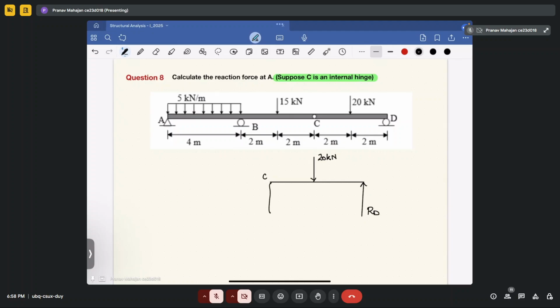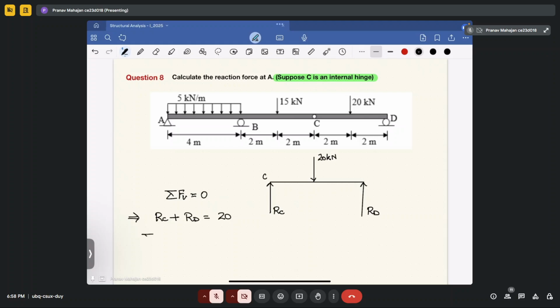and it is having a load of 20 kilonewton and a vertical reaction RD. Now let's say the vertical reaction is acting upward. It could be upward, it could be downward also. I am assuming it to be upward. Okay, so in this case, summation of vertical forces equal to 0. It will come as RC plus RD equal to 20 kilonewton.